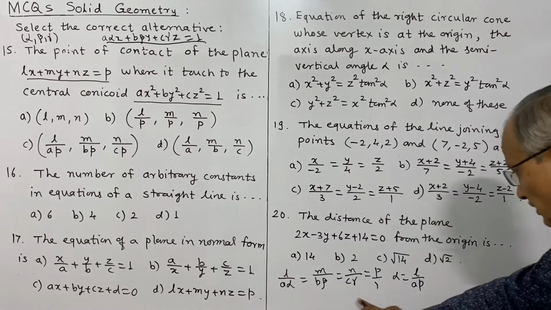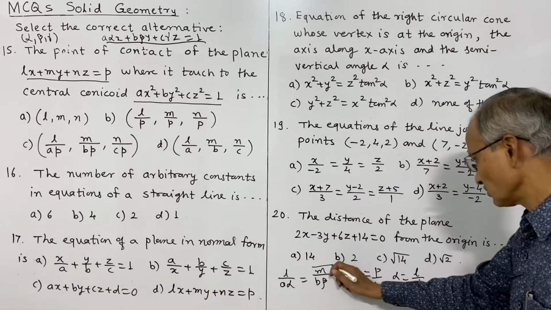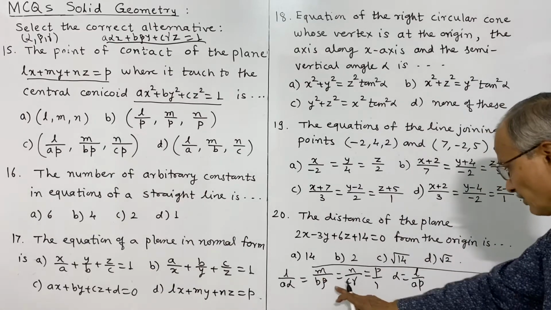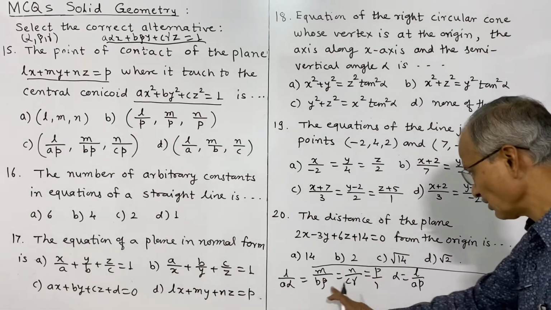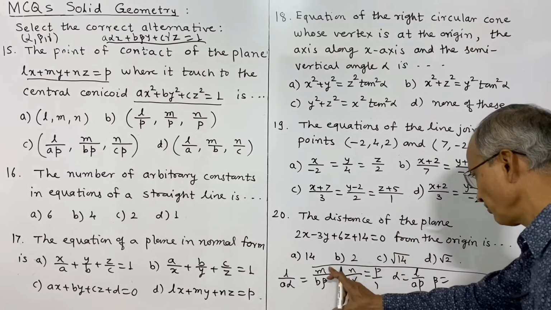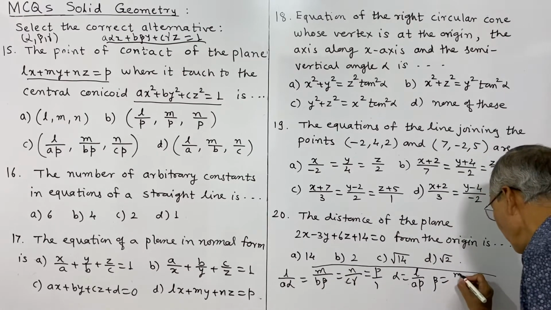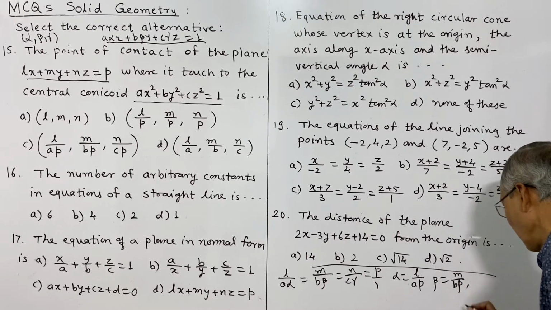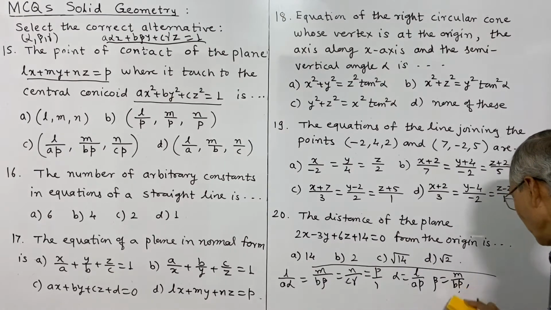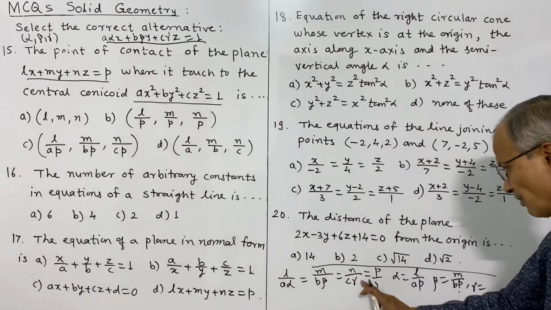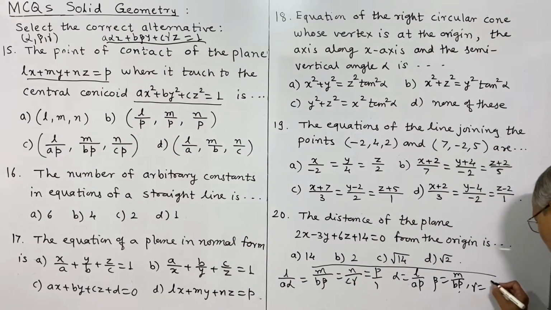Equate the first ratio to the last, and beta will be, taking beta on this side, P on this side, M upon B into P. Similarly, beta is M upon B into P, and gamma will be, from this, taking gamma on this side, P on this side, N upon CP.